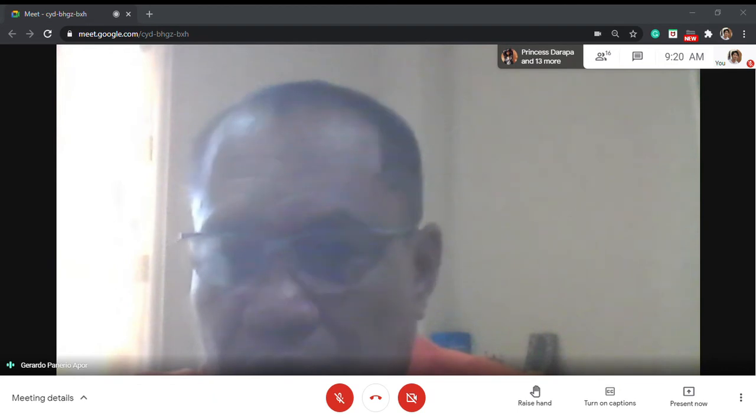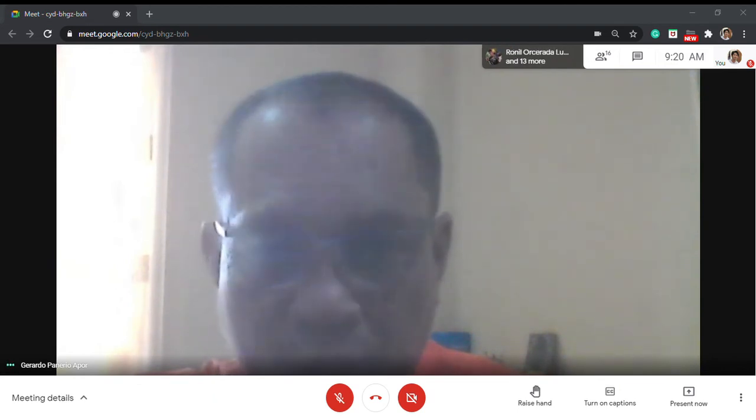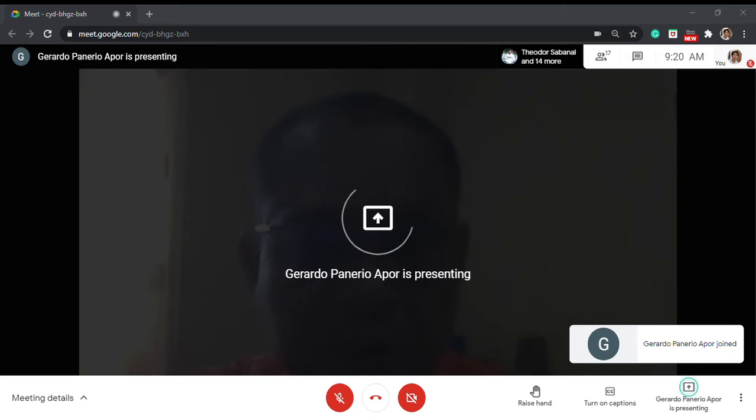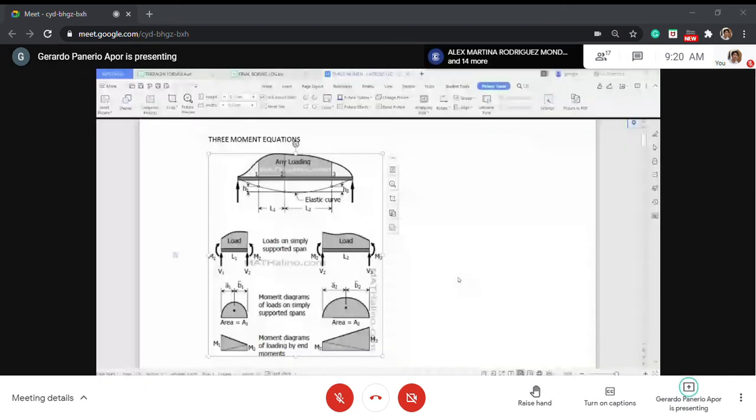So I will proceed. There's a document that I am going to show. This is the three moment equation. Here in the figure you have a simple beam of variable loading.